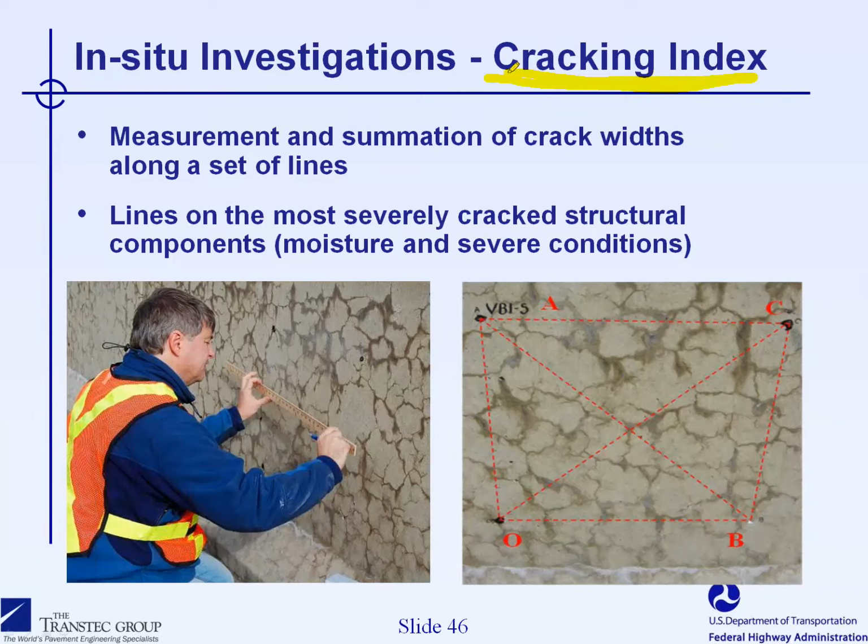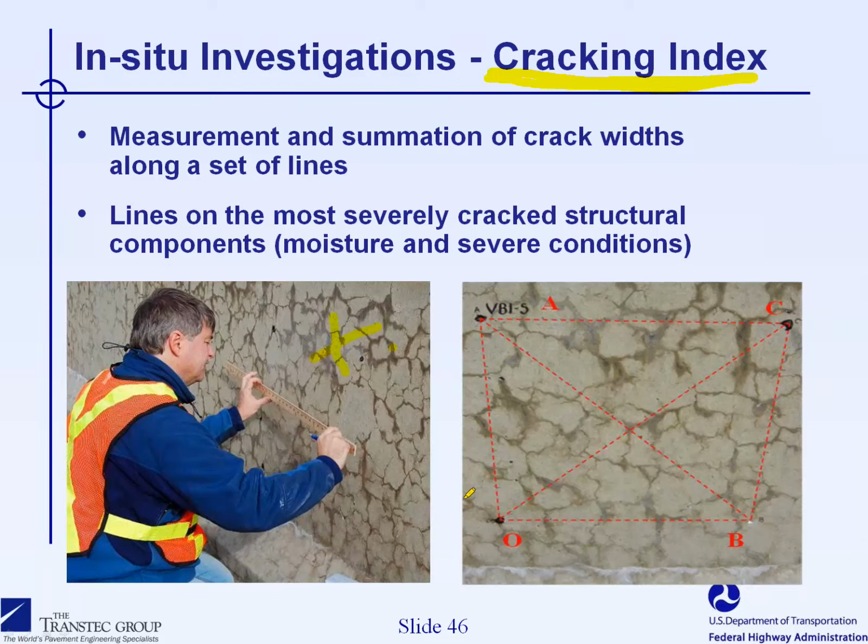approach that we're suggesting is to determine what we call the cracking index. So when you have an ASR affected concrete element like this one, there is a possibility of drawing, at the surface of this element, a sort of a cage. This is a Jersey barrier in this case.